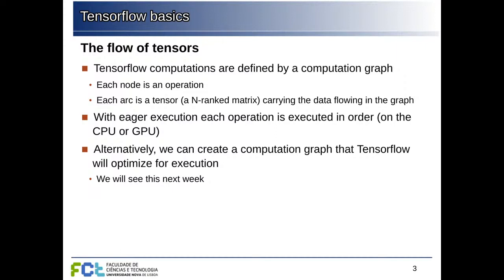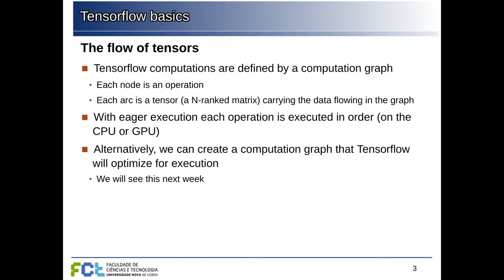If you look at documentation for previous versions of TensorFlow before 2.0, you will see some examples where the computational graph is first created and then it is executed in a session. With eager execution, which is the default in the current versions of TensorFlow, this is a lot more practical, a lot more imperative, because each operation is executed as the interpreter is running your code.